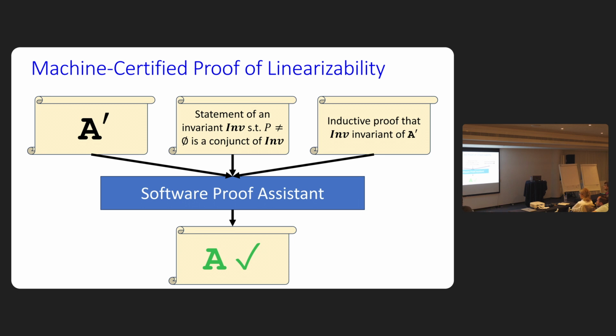If their algorithm had an error and were not linearizable, our effort to do these and get a yes from this would have failed. And therefore, we would never have been able to prove that their algorithm is linearizable.